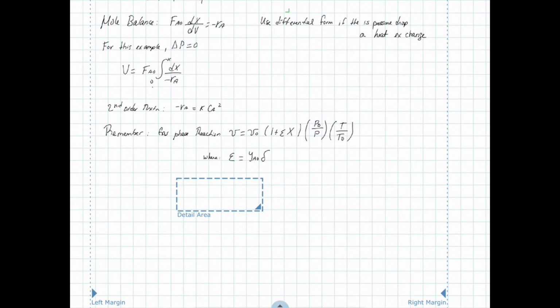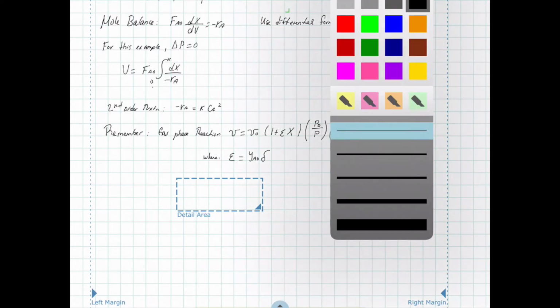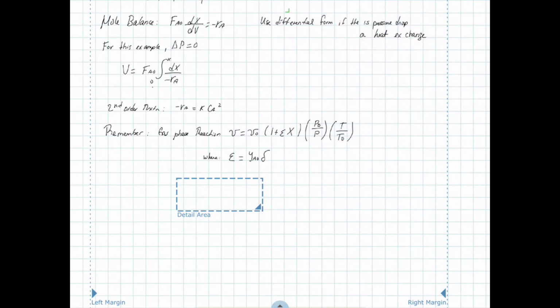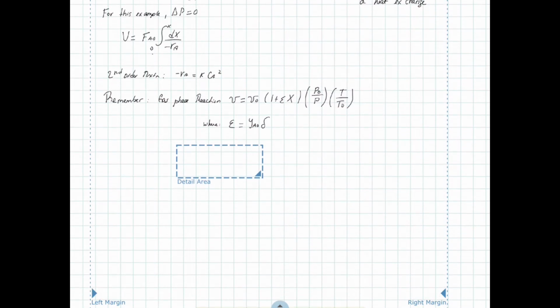Remember that the term epsilon involves the mole fraction initially present of species A times delta, and delta is obtained from the stoichiometry of the reaction. For this particular example, we assume that the temperature is constant.